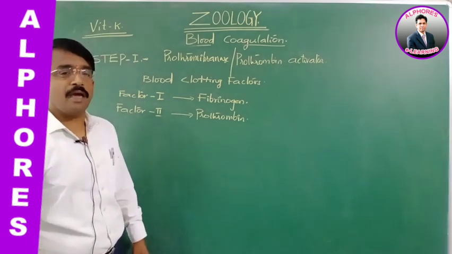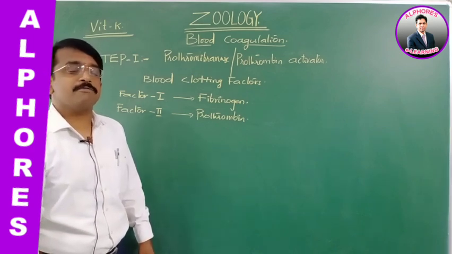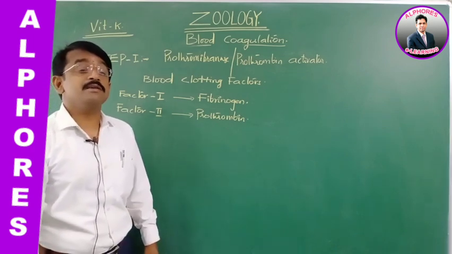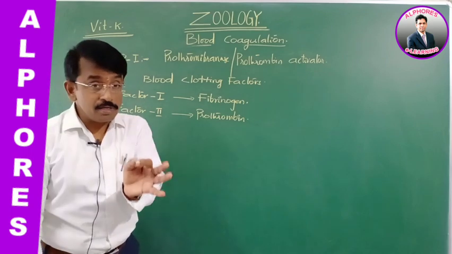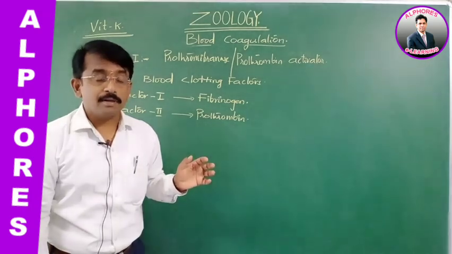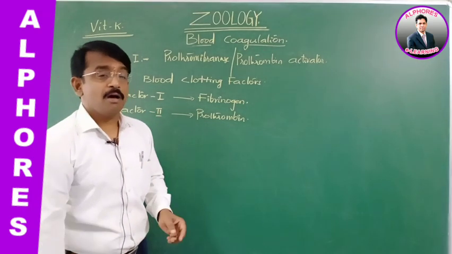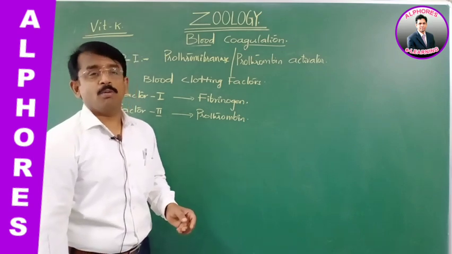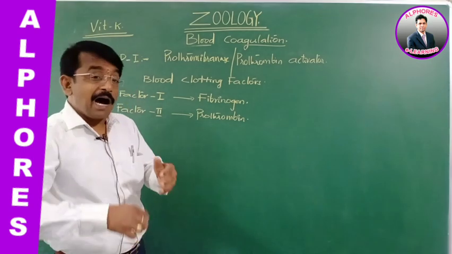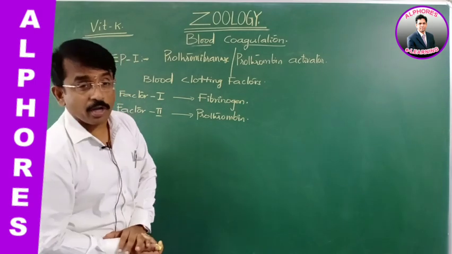What do we name vitamin K? It is a blood clotting vitamin, an anti-hemorrhagic vitamin. Hemorrhage means rupture of the blood vessels and loss of blood. In blood coagulation, however, injury takes place but blood loss does not.